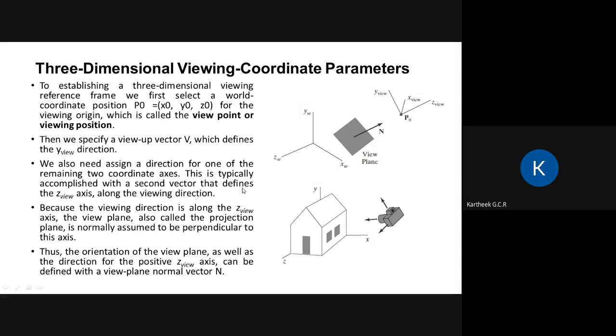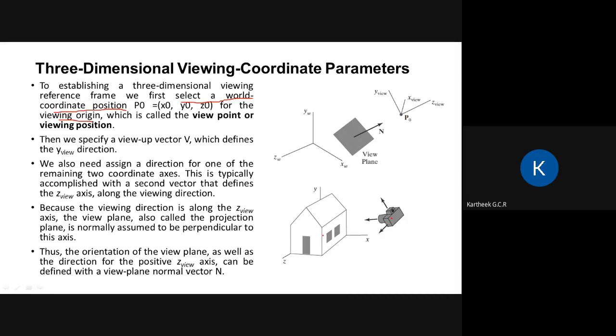The first and foremost thing that we'll have to do in three-dimensional scene visualization is select, in world coordinates, a position for the viewer, right? So basically the position where this is the visualization in world coordinates.